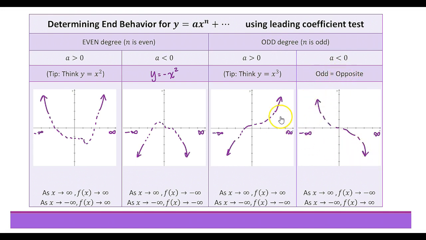So it's just a matter of the leading coefficient being positive, the right side goes up, the left side goes down. If the leading coefficient is negative, then the left side points up and the right side points down. But if it feels like a lot to memorize, always just go back to x squared and x cubed, because those are parent functions that we should already have memorized.